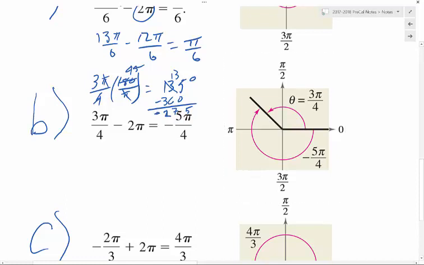In radians, that's negative 5 pi over 4. So I would take 3 pi over 4 and subtract 2 pi, which is 8 pi over 4. And that gives me negative 5 pi over 4.